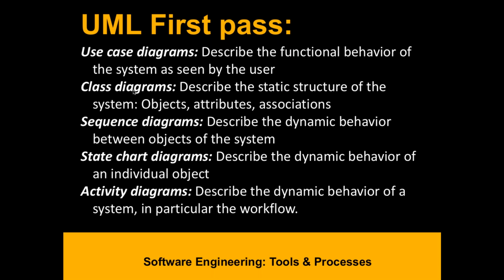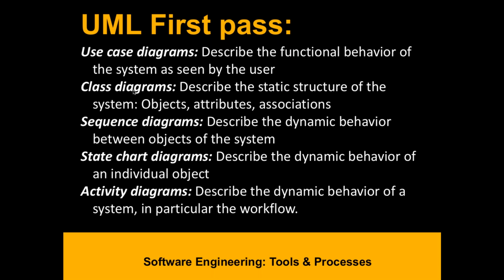What are the different objects in the software system? What are their attributes, and how are they interacting with each other? What are the associations between these objects? Class diagrams are from a programmer perspective. Use case diagrams are thought about from a user perspective. When the user interacts with the software system, what is it that they're interacting with?